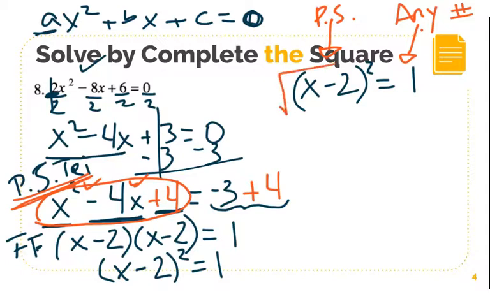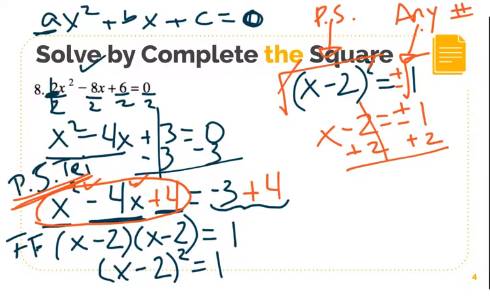All right, so now I'm going to do square root, square root. Don't forget your plus minus. Cancel, cancel. And I have x minus 2 equals a positive and negative, and the square root of 1 is 1. So now let me just add 2 to both sides. And this would give me x equals 2 that I just added, plus 1.